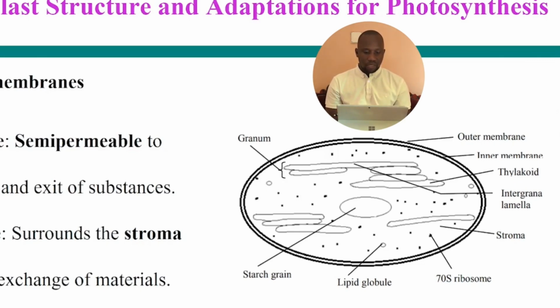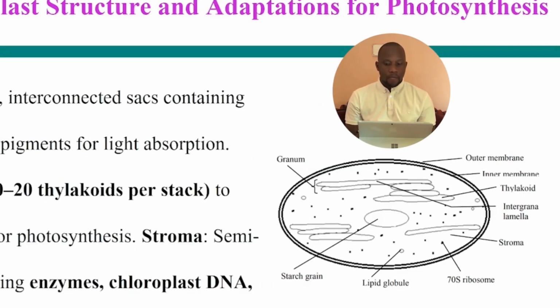This granum is very important because it is involved in exchange of materials and synthesis of fatty acids, lipids, and carotenoids. Okay. So the thylakoids are the ones that are flattened and interconnected. This is where you have this pigment called chlorophyll.